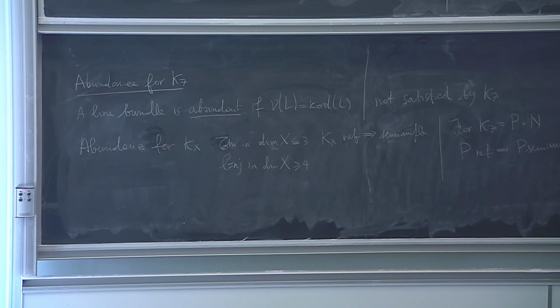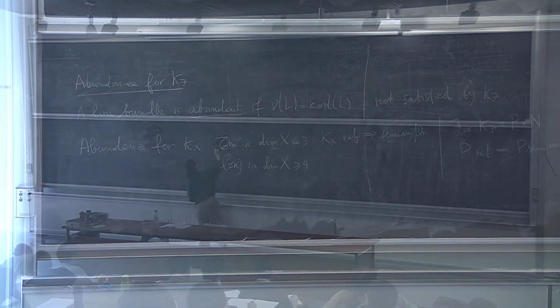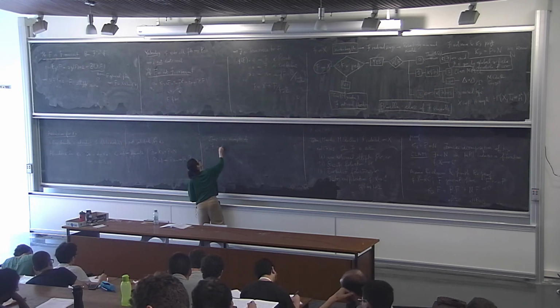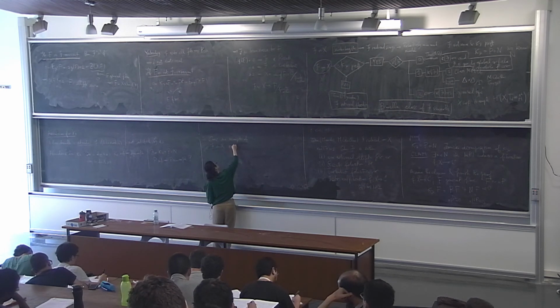I think a variation of the example I just erased gives a counterexample. I won't give you a true example, but I write it like this. There are examples of F on X of Kodaira dimension 2.